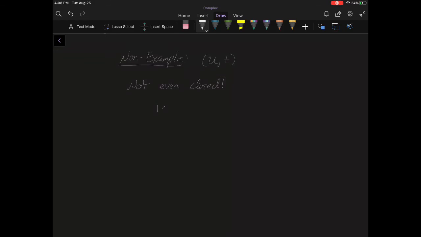If we take 1, which is in our set, it's the identity element for the multiplication, and we add it to itself, we get 2. And we're assuming that n wasn't 0, so 2 to the n is never equal to 1 for any n greater than 0. Therefore, it's not closed, so it's not a group.